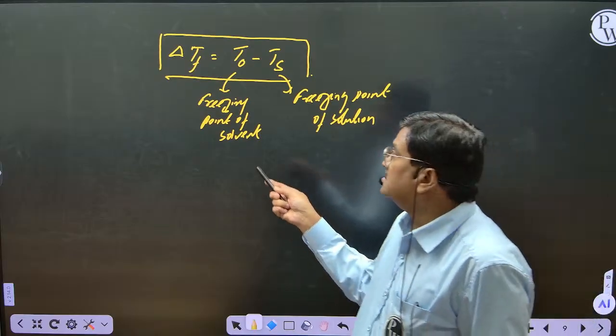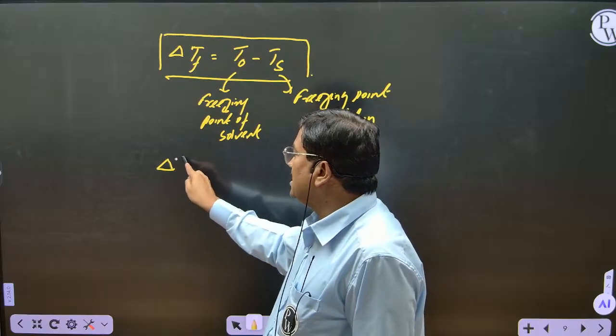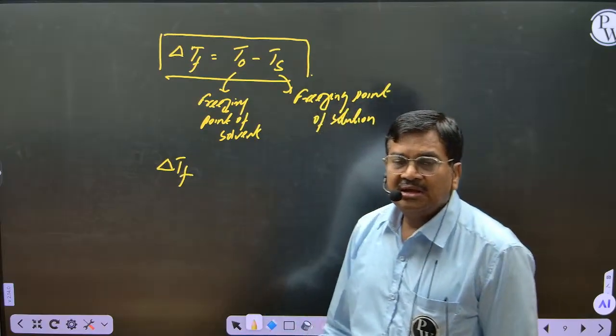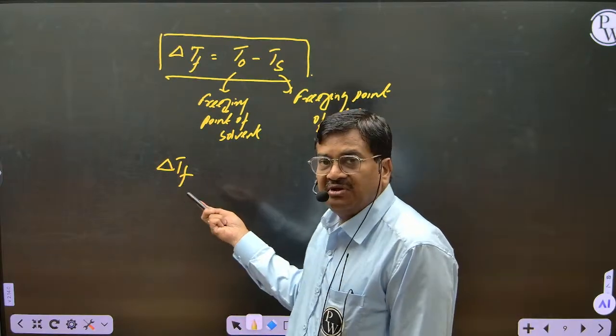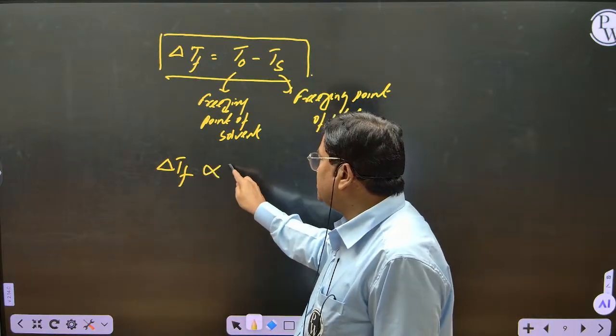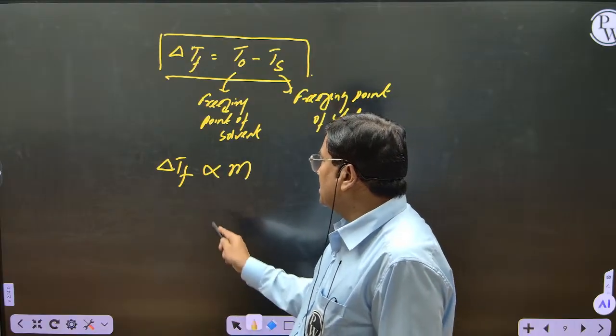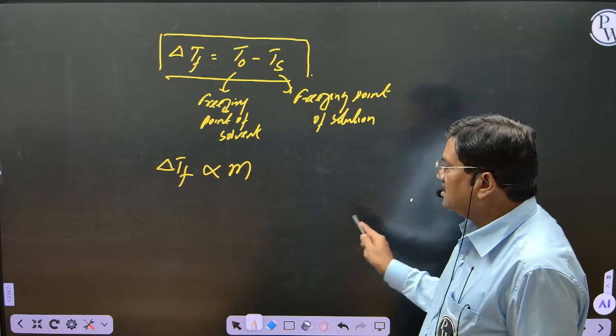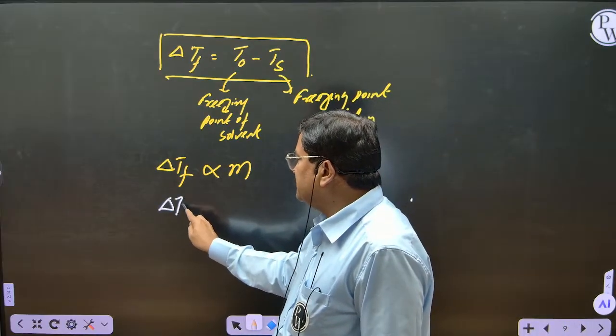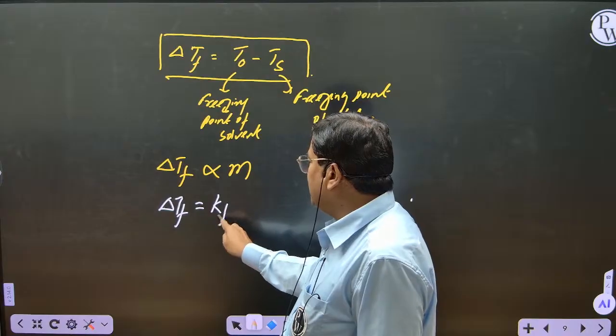Understood? Now this delta Tf, which we are calling depression in freezing point, will be directly proportional to molality, the same as what we took previously. Now to remove the proportionality, we multiply with a constant. What is that constant? Delta Tf is given by Kf into m.